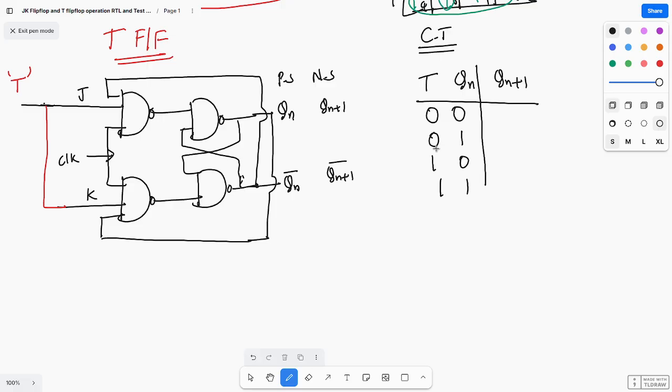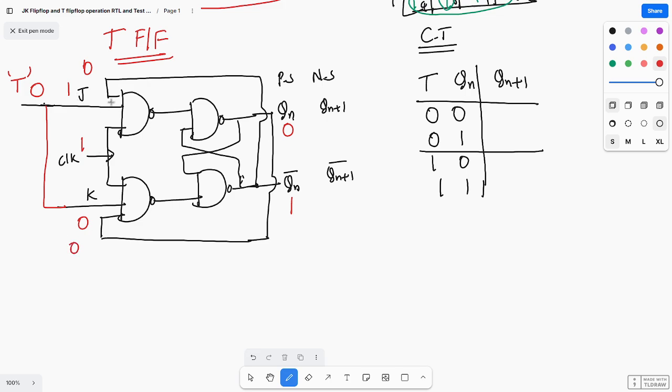If T equal to 0, what happens? J equal to 0, K equal to 0, and clock equal to 1, and Qn equal to 0, Qn bar is 1. So this will be feedback. This becomes 1, and this becomes 0.